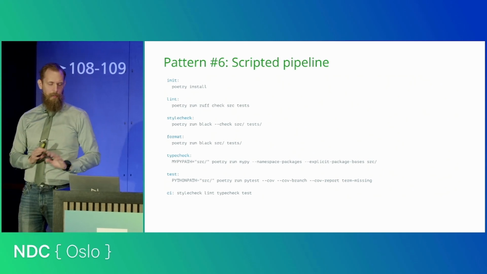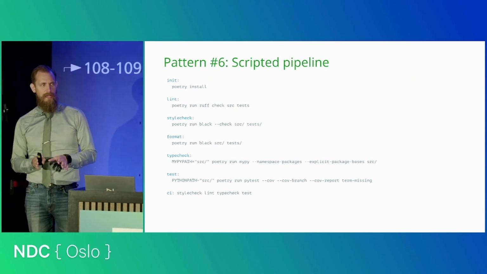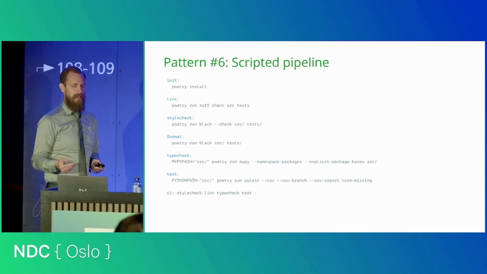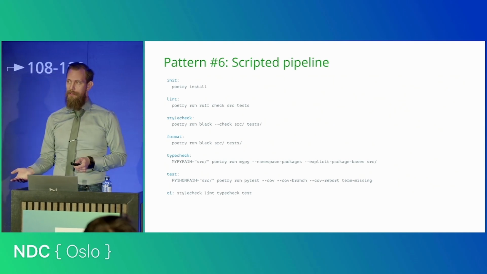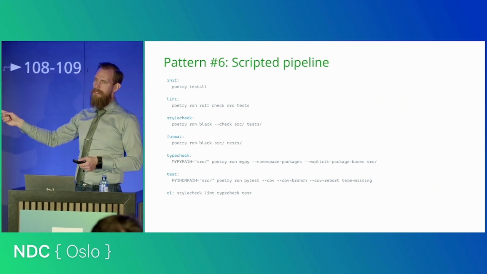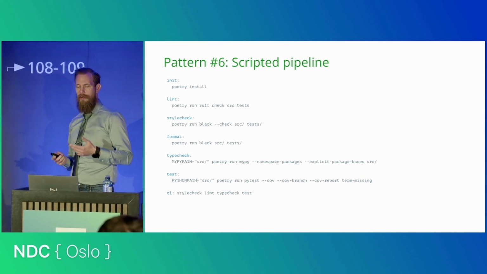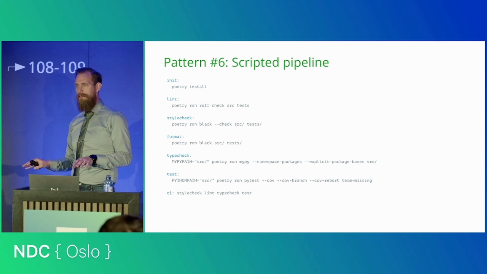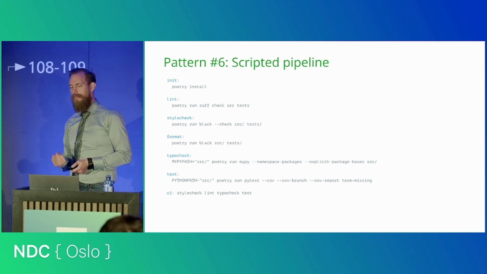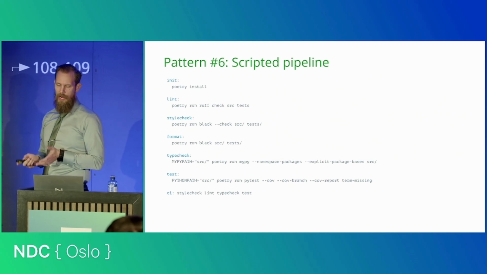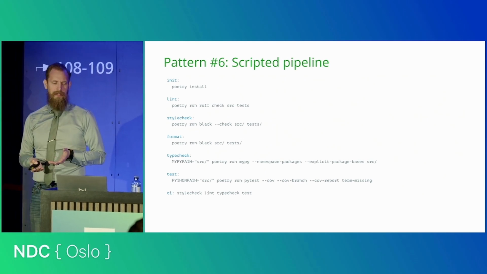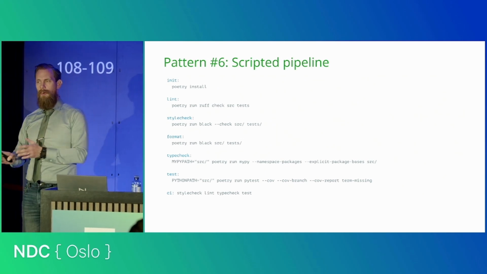So essentially, whatever platform you're using, you can have make, and you can run your pipeline in make, and you can have make on your laptop. So the nice thing about this is that before you check in and commit, you run make CI, and it runs all the same checks as your pipeline is going to make. Because one of the major problems we have with modern pipelines today is that they're practically undebuggable.